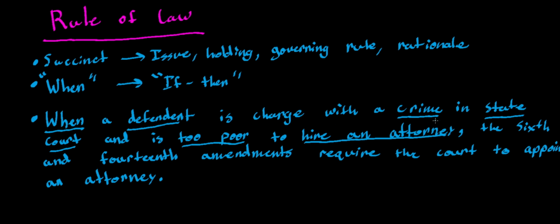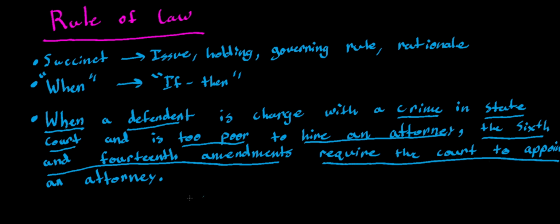So these are the trigger facts, and then those trigger facts activate the governing rule, the 6th and 14th Amendments, and then that leads to the outcome that the court must appoint an attorney to represent the defendant.